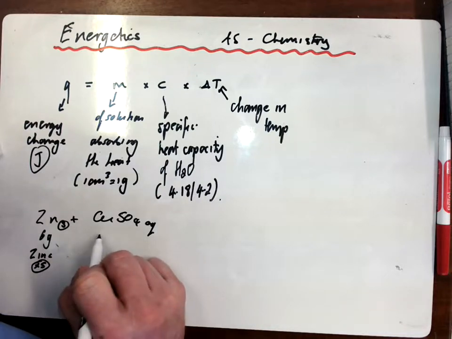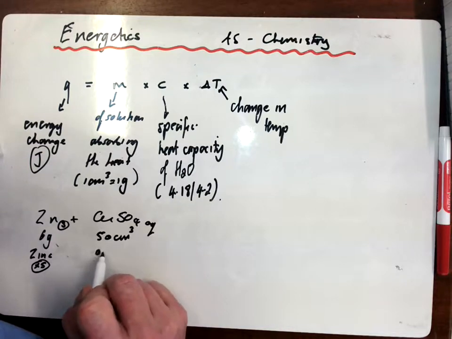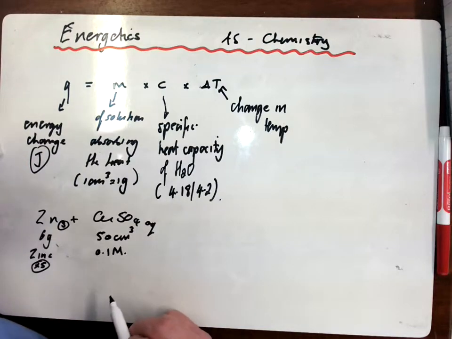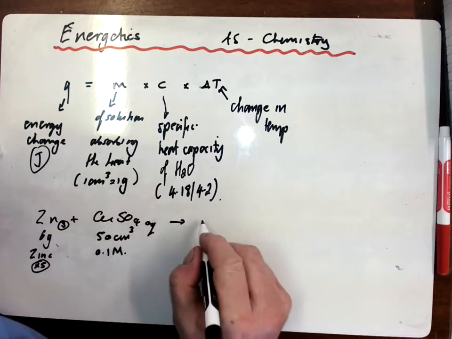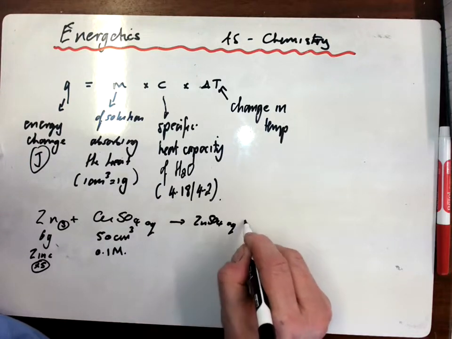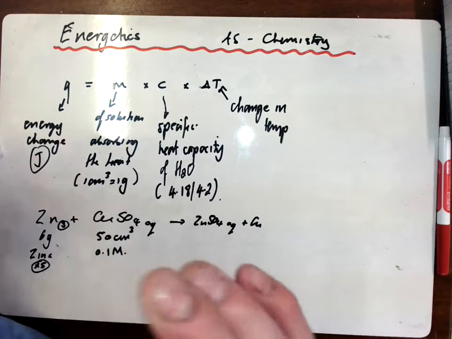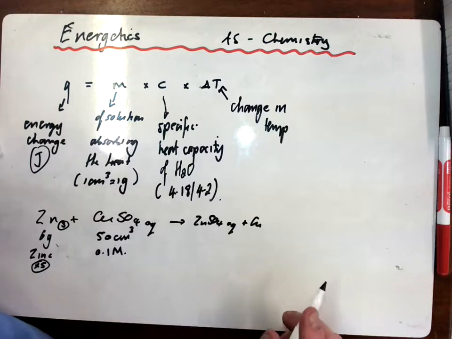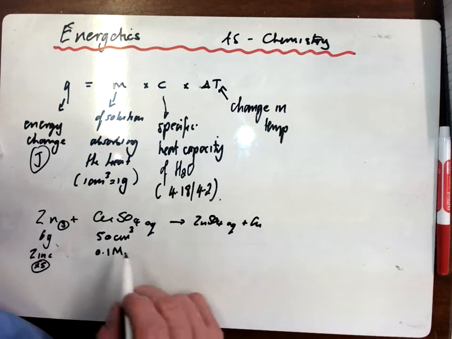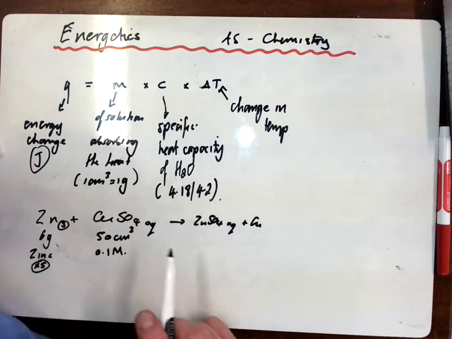We're going to add that to 50 cubic centimeters of 0.1 molarity copper sulfate, and hopefully we know the reaction here is a displacement reaction. We're going to be asked to work this out as an enthalpy change in kilojoules per mole of the copper sulfate. The zinc is in excess, so we don't work it out with regards to the zinc.